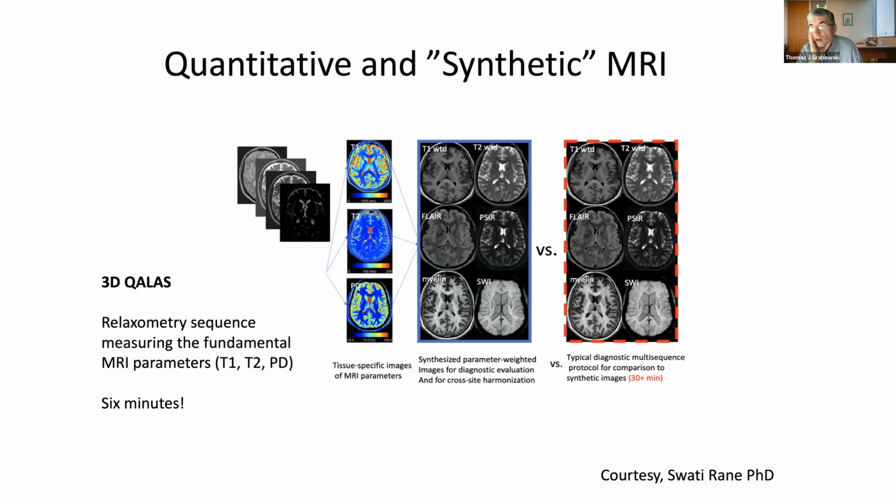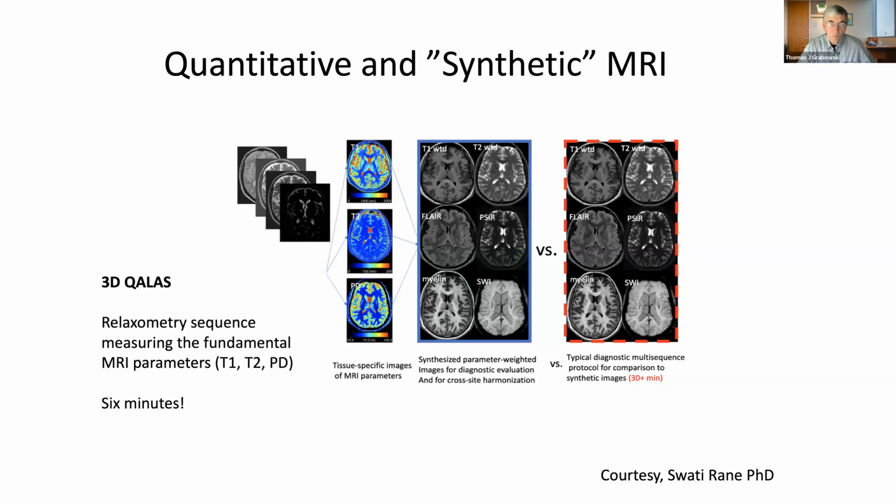So you've heard of T1 weighted images that are weighted according to the so-called T1 relaxation time, but these are different. These are images of actual absolute T1, which is a biological property. It's independent of the pulse sequence or the scanner that you do it on. And then you can mix T1, T2, and proton density to generate the standard contrast that you typically see in a clinical MRI study.